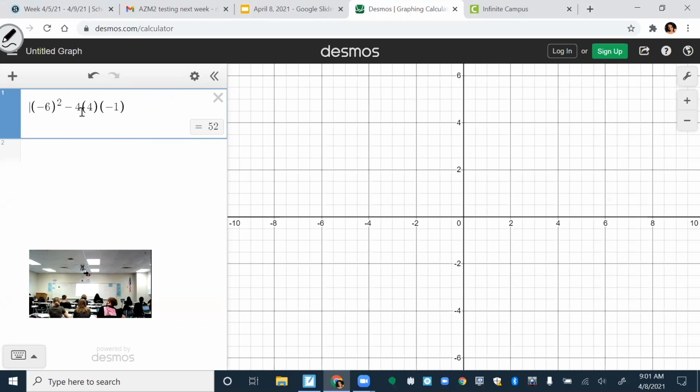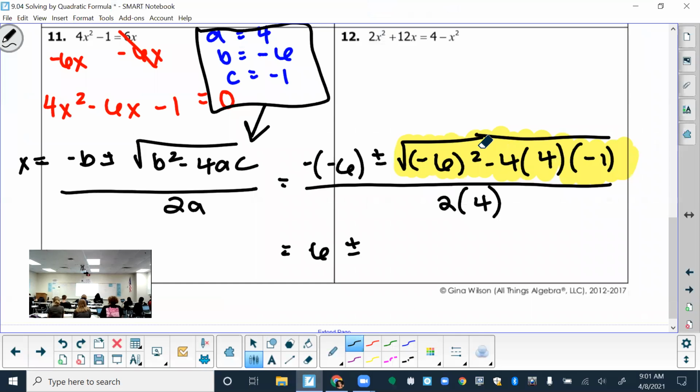All right, the square root of 52 is what gave us that long decimal. So I'm gonna replace that portion in our formula with the square root of 52. All right, and then simplify your denominator. 2 times 4 is 8.